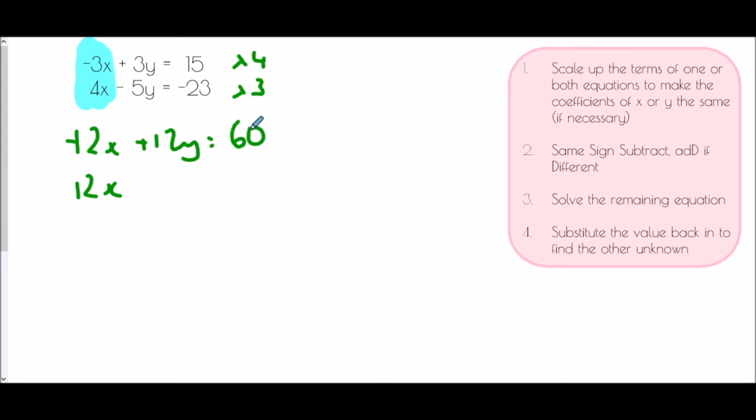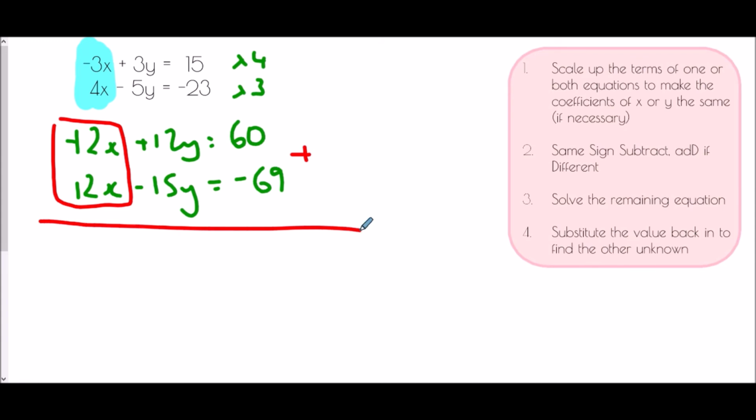And in the second one, if I'm multiplying by 3, that's 12x take away 15y equals negative 69. And we've said that we had the different signs. So in terms of our x's, they are different signs. So we're going to add the two equations together.